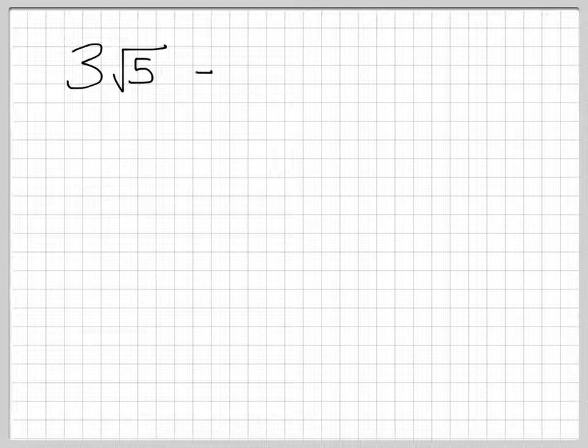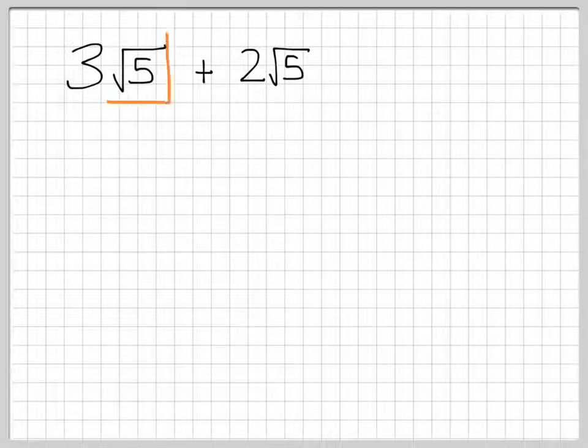And so that brings us to the actual topic today, which is what do you do when you have something like 3 radical 5 minus 2 radical 5. Well, let's do plus first. So here you want to think of the radical 5s kind of like oranges, right?